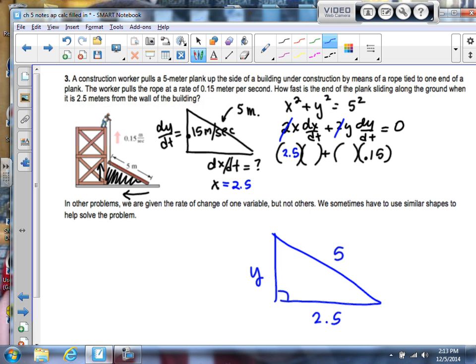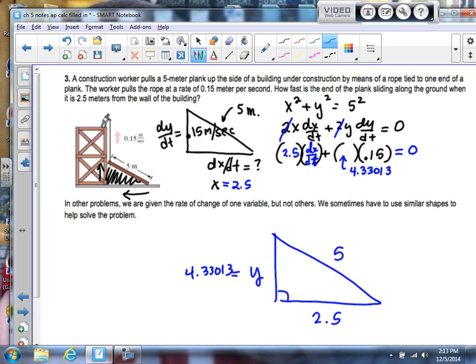So we get 4.33013. So you can store that if you want. So store as A. I should have left more room. 4.33013. And then that allows you to solve for dx over dt. Okay, so I'm going to do times 0.15.